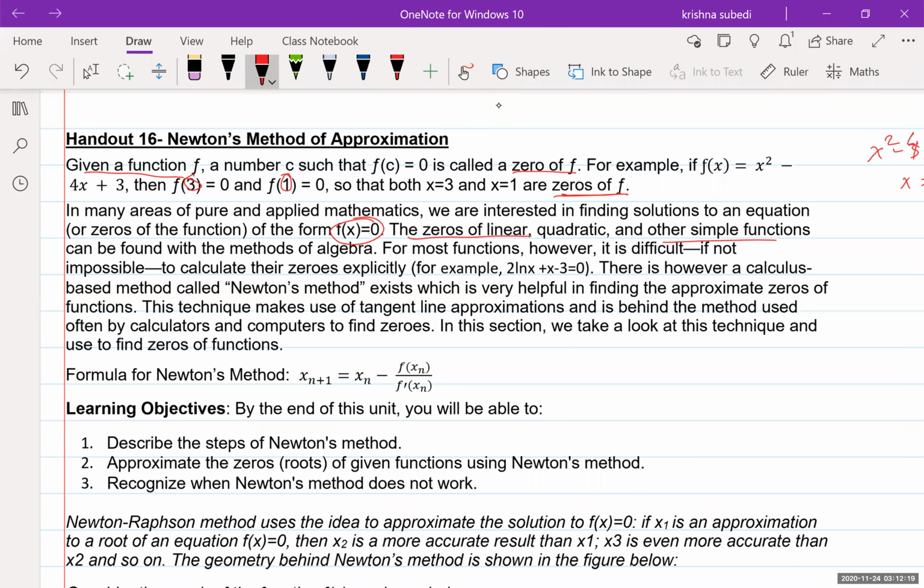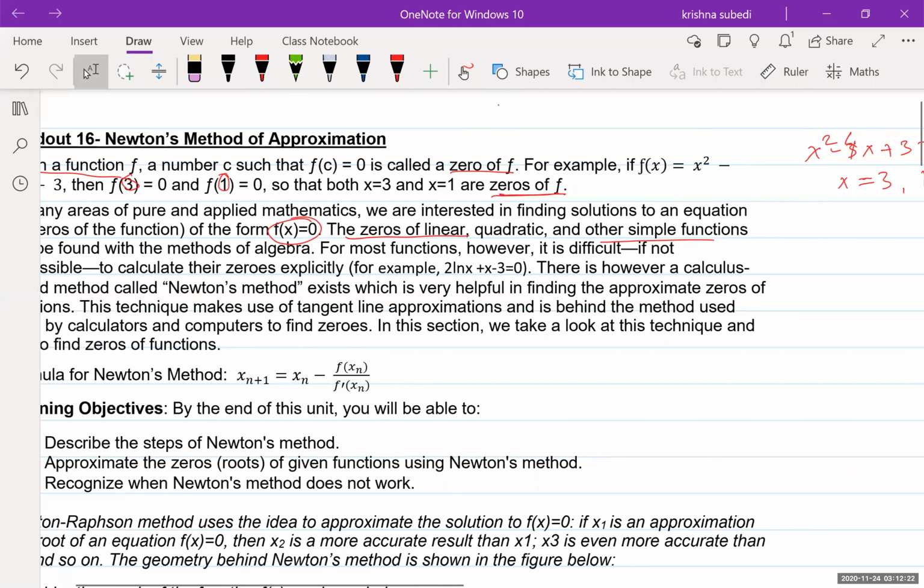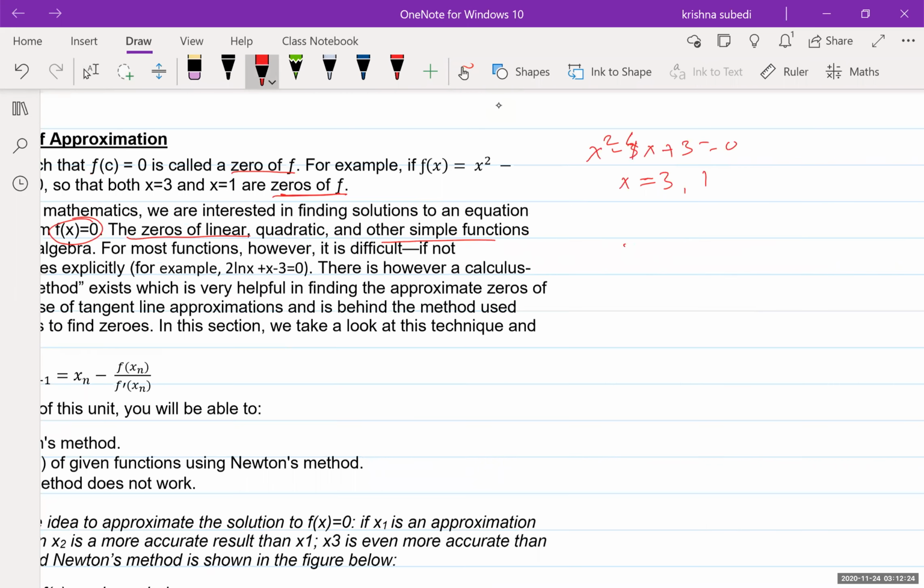But sometimes if the function is given like this, let's say if you want to solve this equation, it's not that easy. Your algebra method is not going to help you, or even if it helps, it's going to be really complicated.